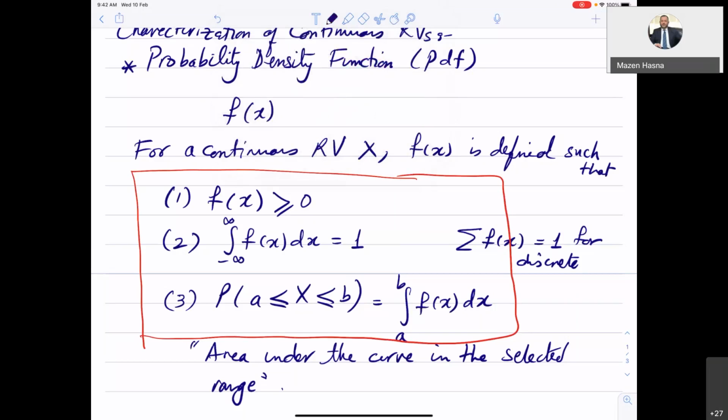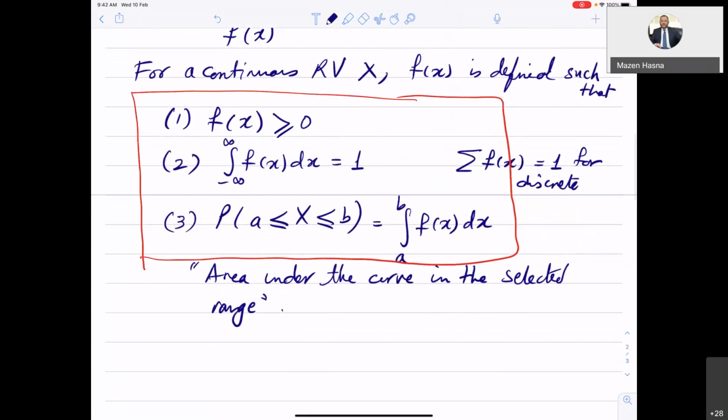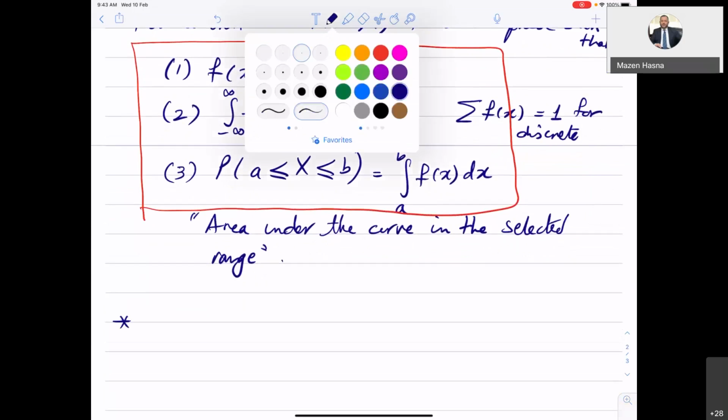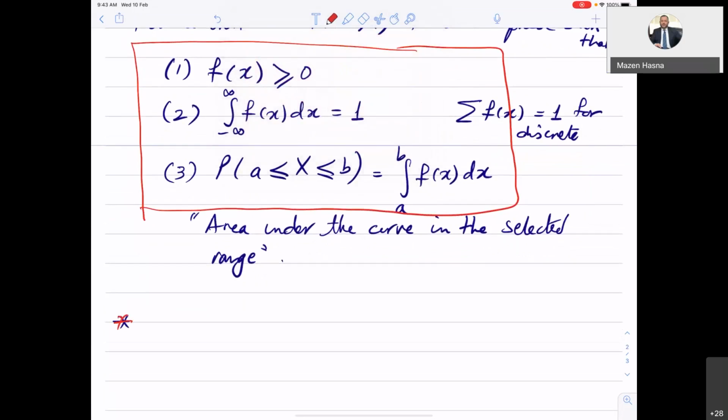So let's reflect on this and compare it to the case for what we had in the discrete domain, and then we'll do some examples. So if you recall, important note, let me write this in my notes.